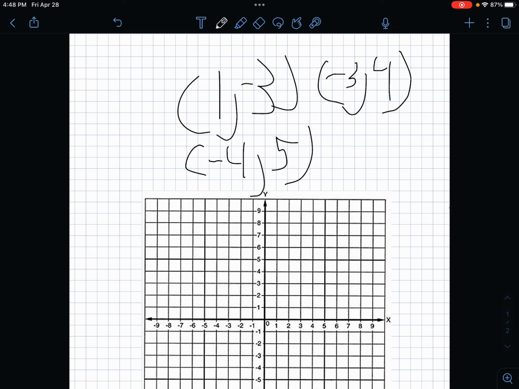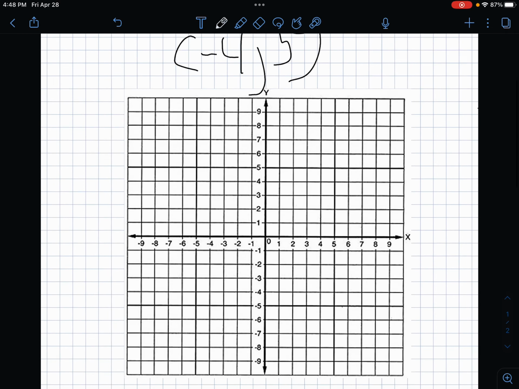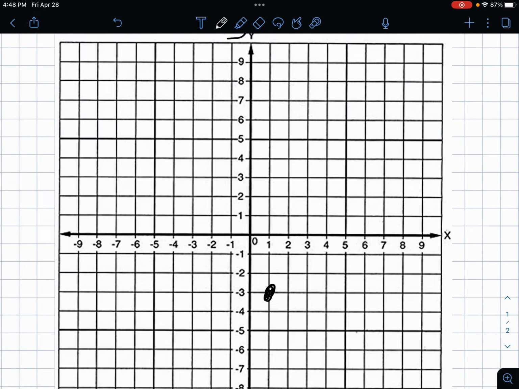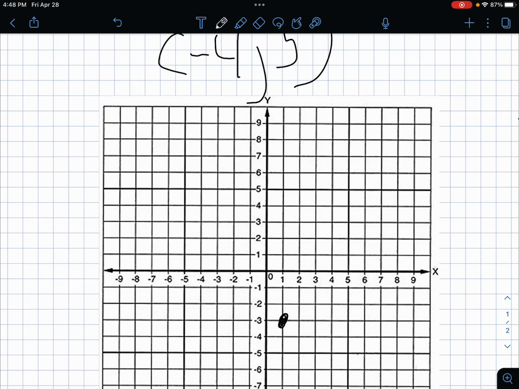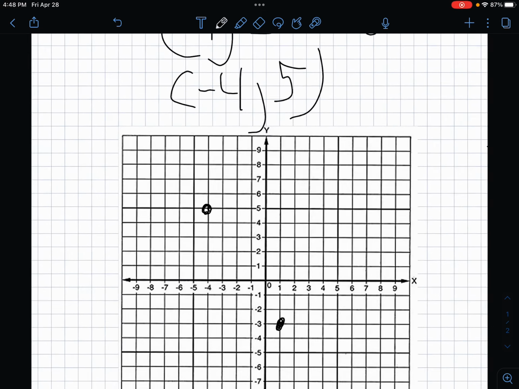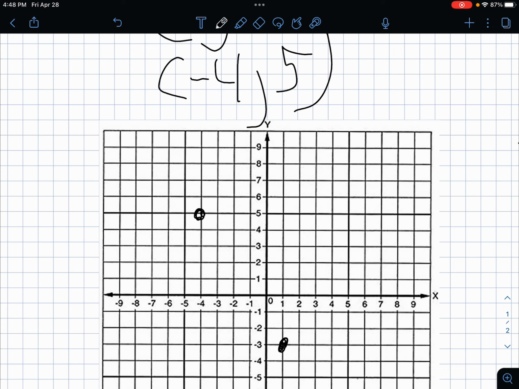Now, so let's see here. 1, negative 3 would be right here. Negative 4, 5 is right here. And negative 3, 4 is right here.